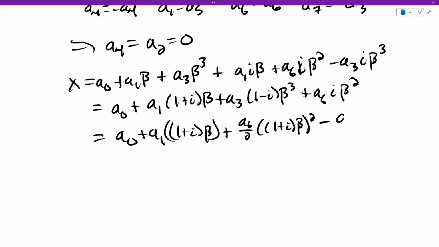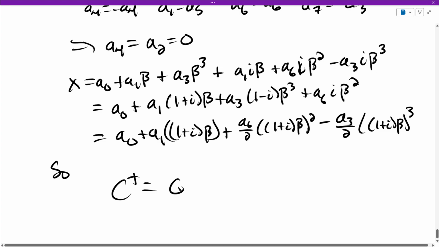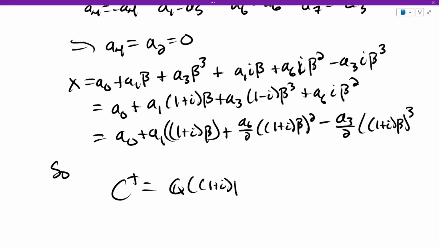I'm going to write it minus A3 over 2, 1 plus iβ cubed. So 1 plus iβ is the primitive element to get the extension C dagger over Q. So C dagger is Q adjoin 1 plus iβ. And it's not too hard to see that that has order 4.